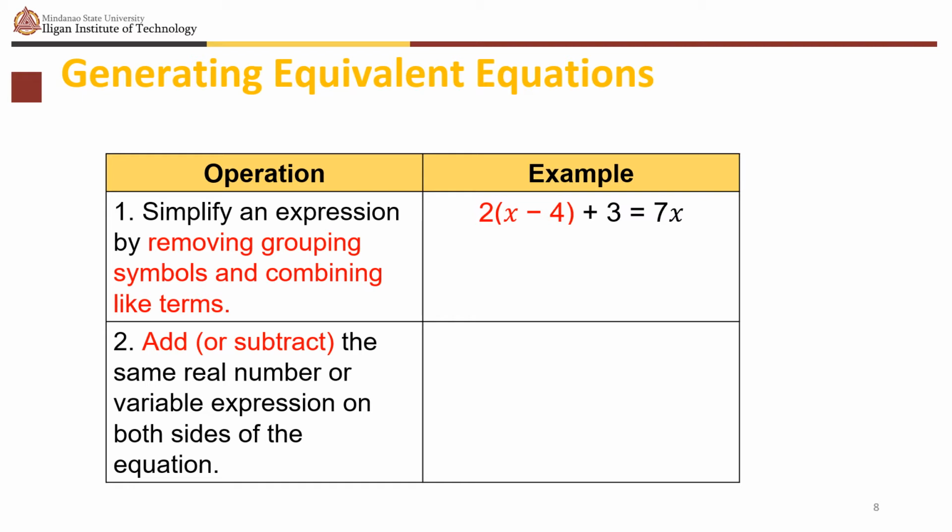We now try to generate equivalent equations. So, how do we do that? First, simplify an expression by removing grouping symbols and combining like terms.